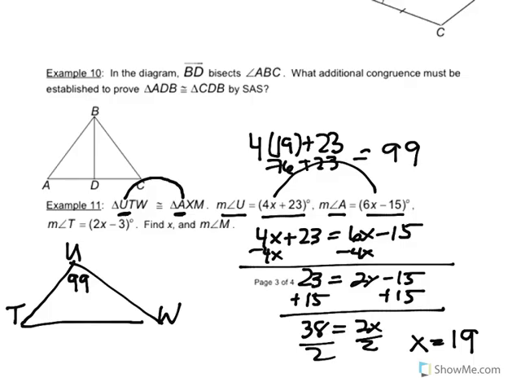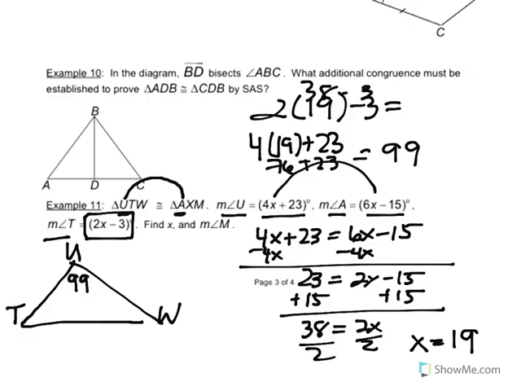Let's see what else we can find out. The measure of angle T is 2x minus 3. So we're going to do 2 times 19 minus 3, and that gives us 38 minus 3 equals 35. So this is 35. And so now, can we figure out the measure of angle W? Yes, add these together and subtract from 180, because the three angles need to add up to 180.